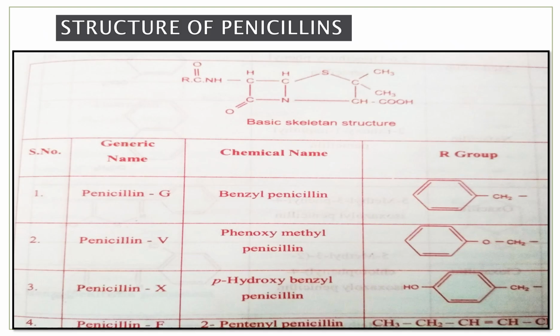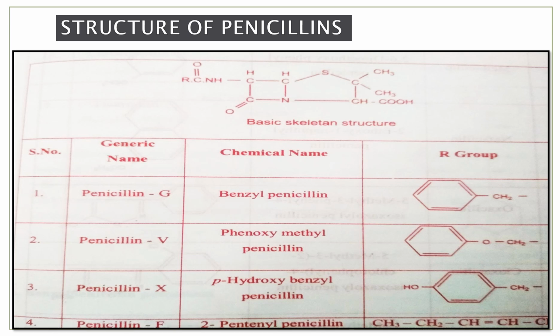Then the structure of penicillins. We have already studied the basic skeletal structure of penicillins. So we have the acyl amino side chain RCONH. We will see one by one. First one is penicillin G. Its chemical name is benzyl penicillin and the R group is the benzyl group, C6H5CH2.